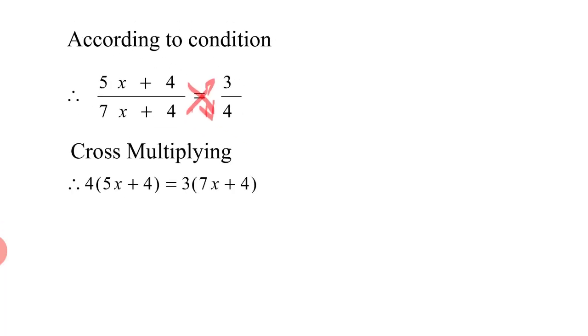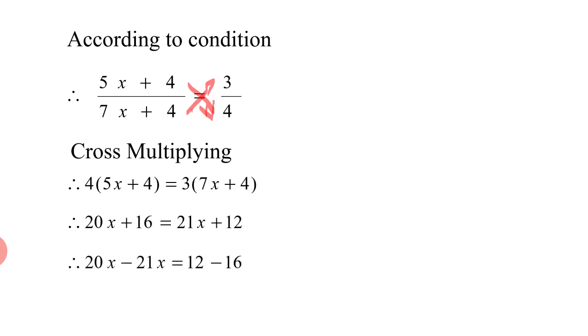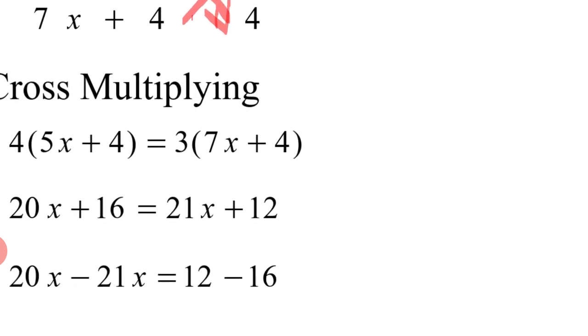So once again the same method: opening the bracket and then transposing the variables, and after that you get, here again you need to take care. So now 20x plus 16 is equal to 21x plus 12. Either you can transpose 20x to the right hand side and bring 12 to the left hand side, or you can transpose 21x to LHS.